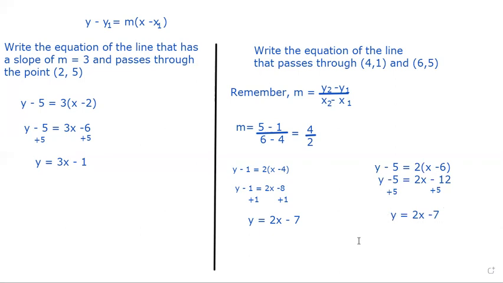Now, you don't have to use both sets of points. I just used both sets of points to show that you would still get the same answer. So anytime we have a problem like this where the slope is not explicitly given to you, you have to remember to find the slope first and then use either set of points.